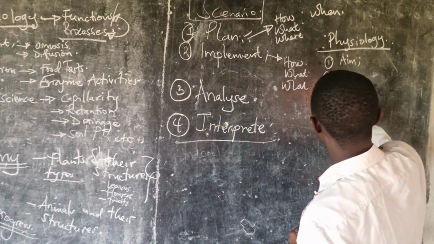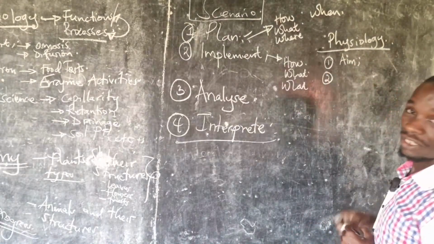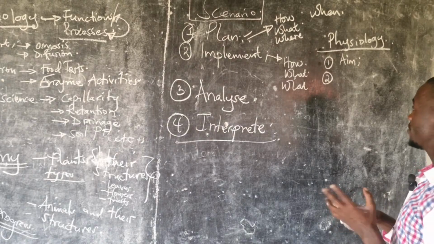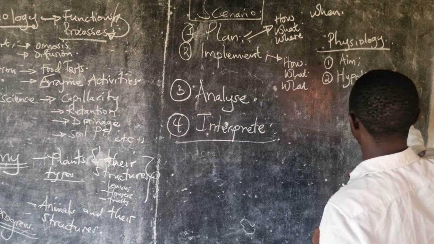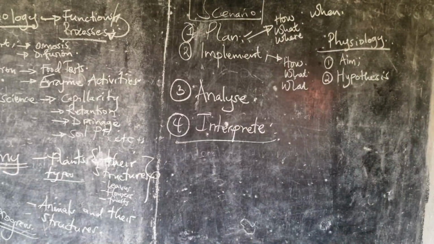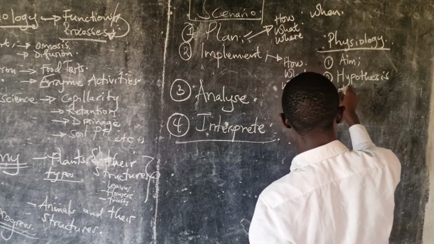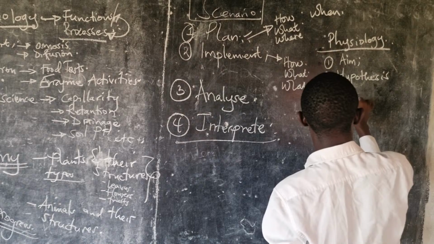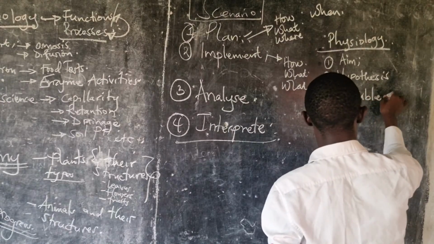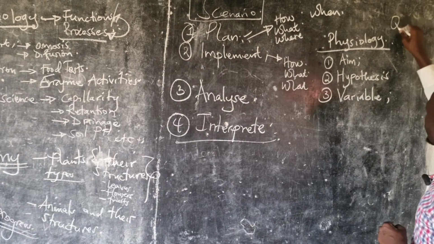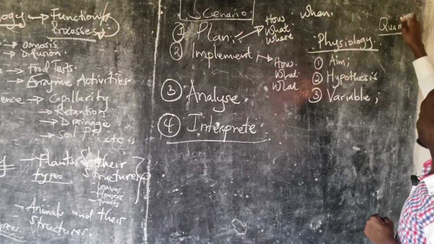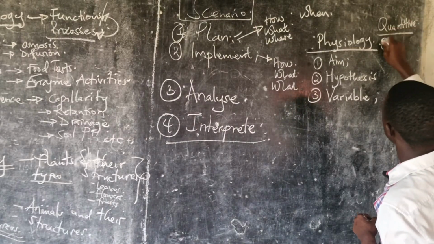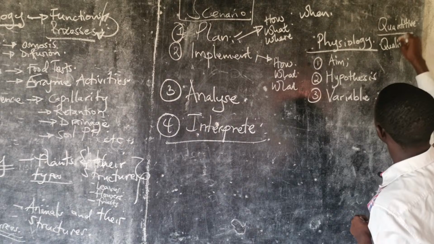I'm going to define these, but let's first know them by numbers. The aim. One should be able to state the hypothesis. This is senior one work. One should be able to state the variables if the practical is quantitative. We are going to look at the difference between quantitative practicals and qualitative practicals.